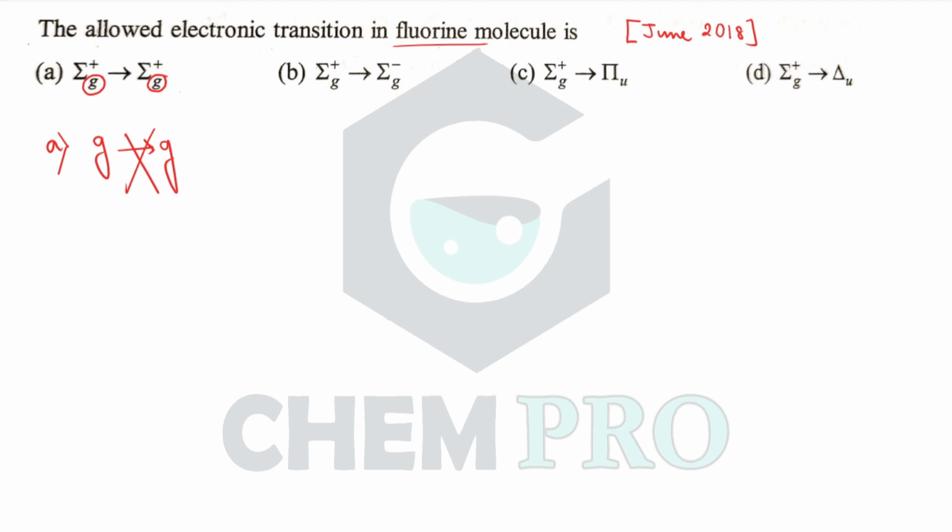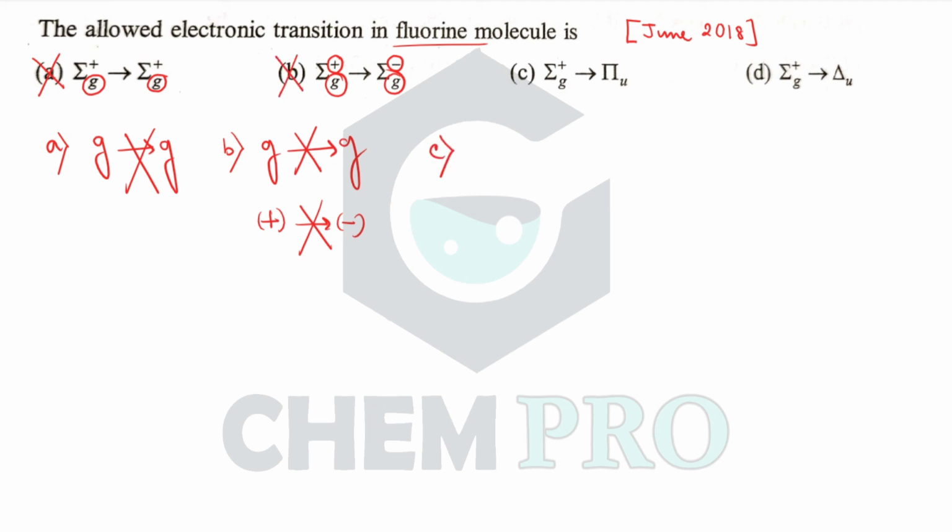So the first option cannot be possible. The second option is also a G to G transition, and this is also not possible, and here the transition is also from plus to minus, which is also not possible, so option B is incorrect.